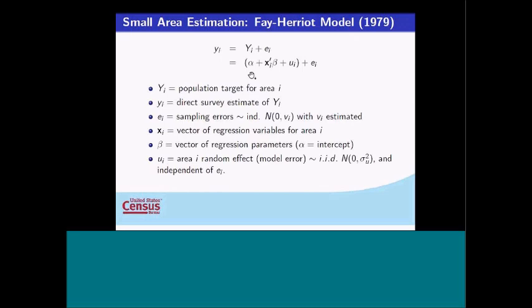And then the population target is given a model, here a linear regression model with some covariates X and an intercept, and a random error that is also called model error, the random effects, and regression parameters, etc.